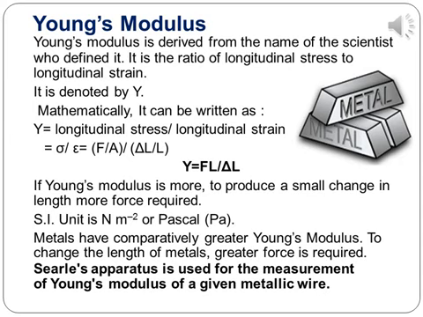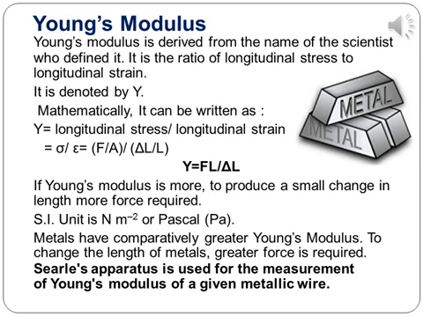How can I express it mathematically? It can be written as Young's modulus Y is equal to longitudinal stress divided by longitudinal strain. The longitudinal stress is represented by sigma and the longitudinal strain is denoted by epsilon.